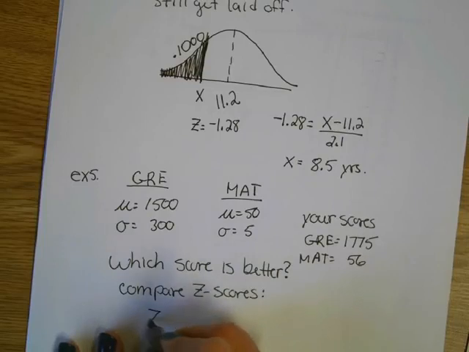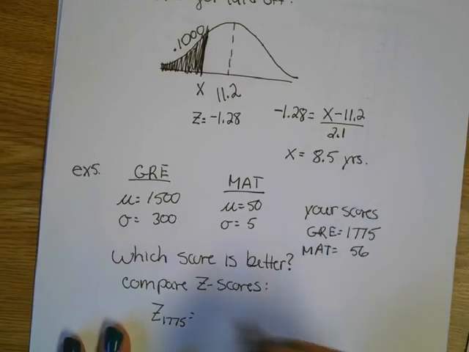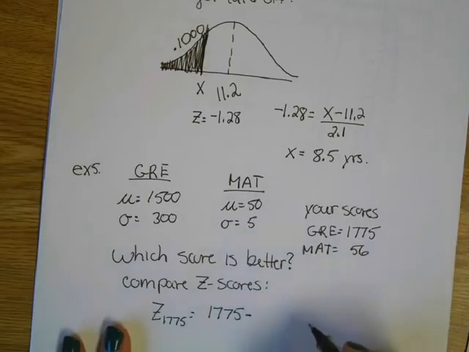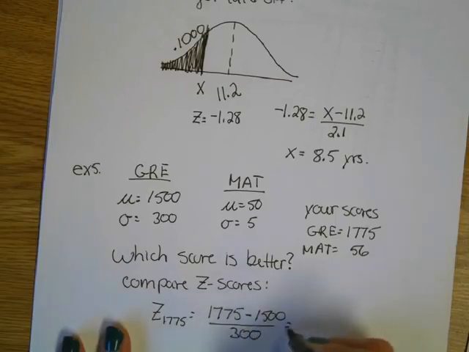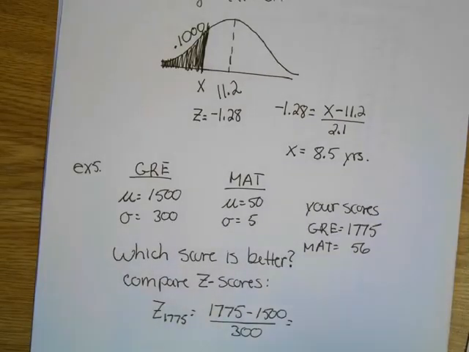So the z-score for 1775, and you could kind of just see that it was less than 1. Is that what they do with the SAT and ACT? Yes, it would be the same kind of thing there. They convert them to z-scores to see what the equivalent would be. That's exactly what they're doing.